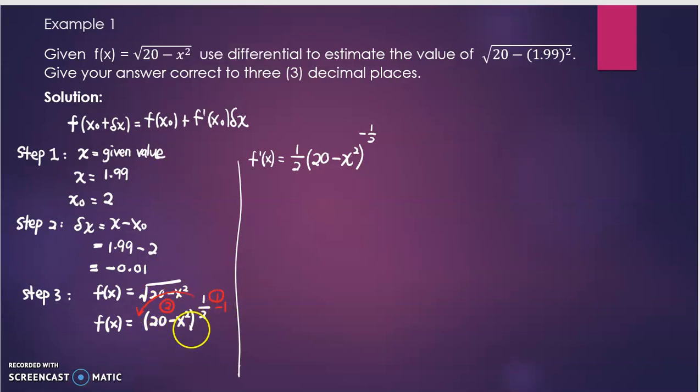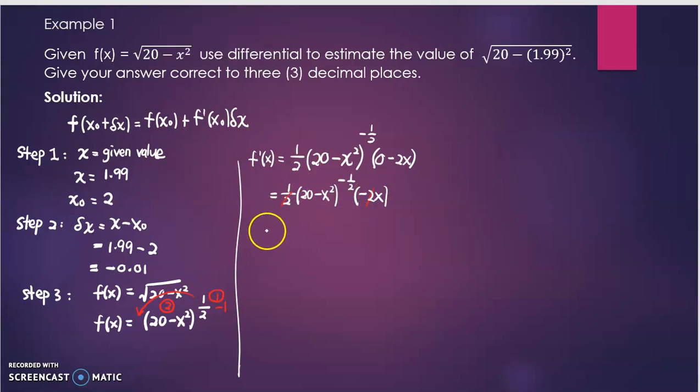Next, come to the second part. Don't forget to differentiate the bracket. Differentiate 20, I should get 0. Differentiate negative x squared, I should get minus 2x. Let me simplify: 1 over 2 times (20 minus x squared) to the power of negative 1 over 2 times negative 2x. We can simplify the 2 and 2.